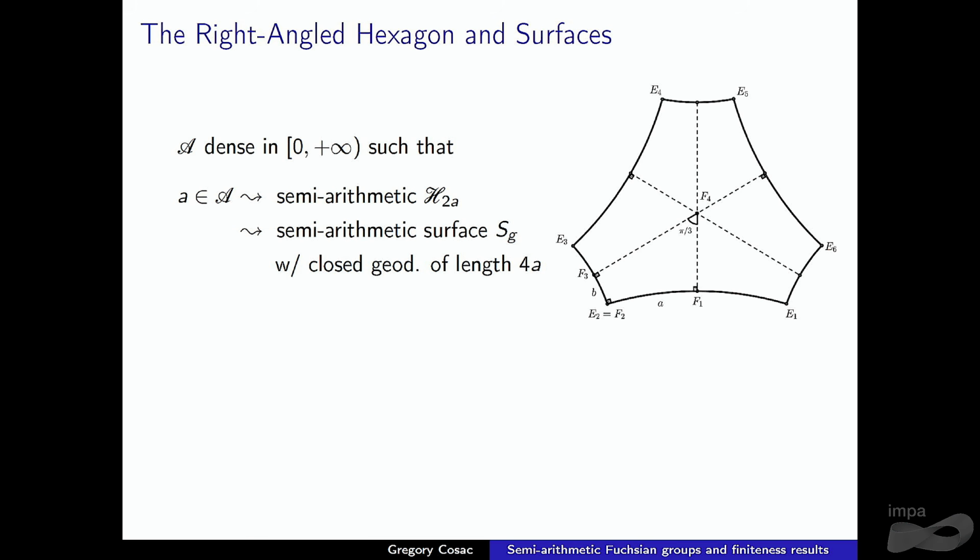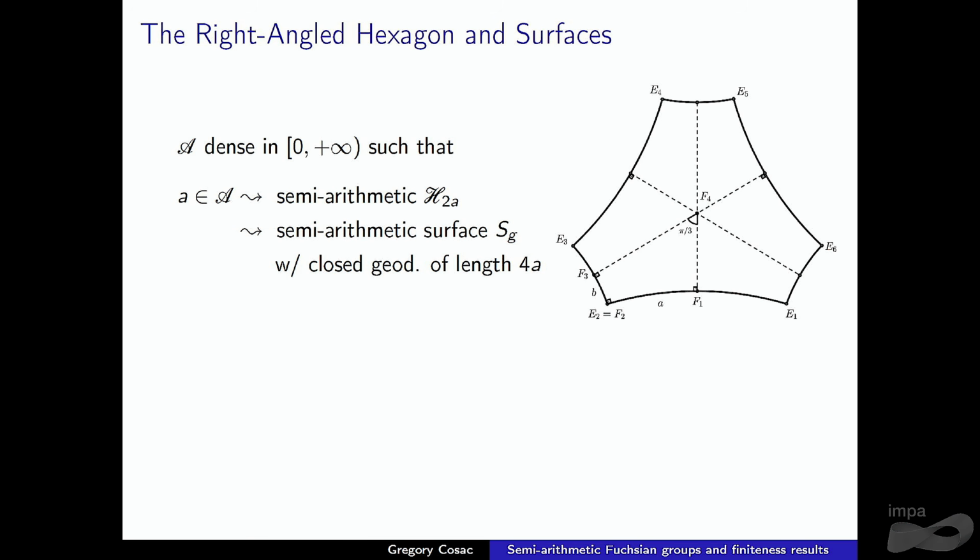So again, because you can tile the hexagon, if you choose a parameter A such that the tri-rectangle is semi-arithmetic, it generates a semi-arithmetic group, then you can obtain this hexagon, and the group generated by the hexagon will also be semi-arithmetic.